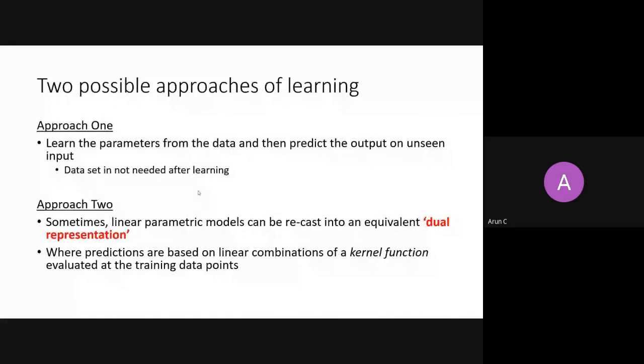Using those parameters, because we learn a model, we use the model to predict. The second approach is that for a linear parametric model, we convert it into a dual representation, and in the dual representation we can predict as well. But here we use the data set at the time of prediction.